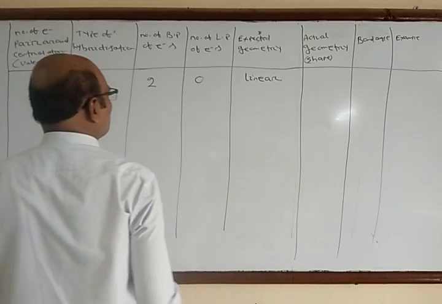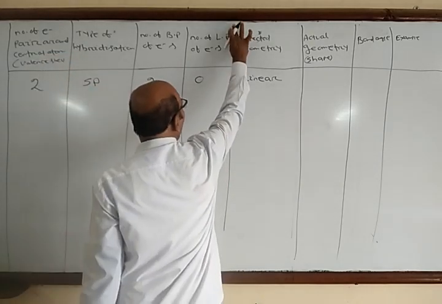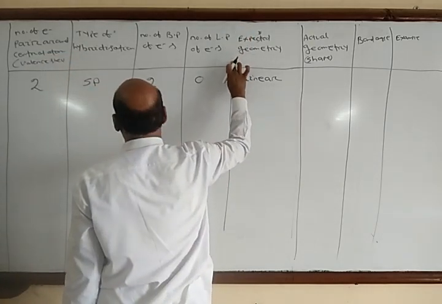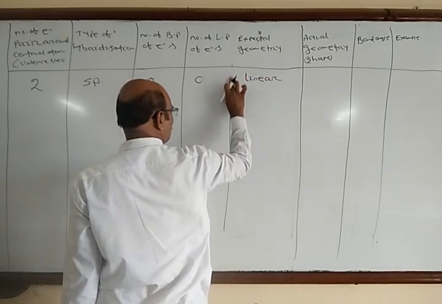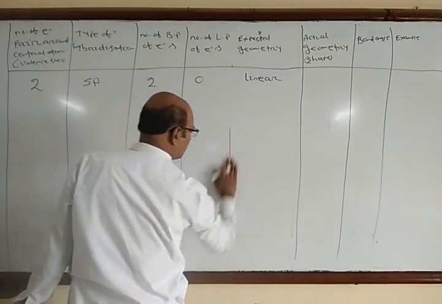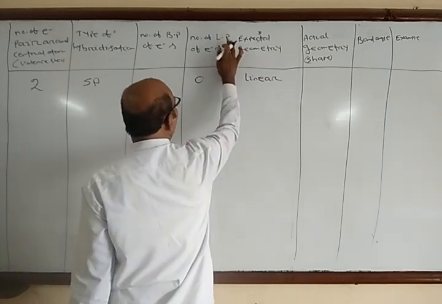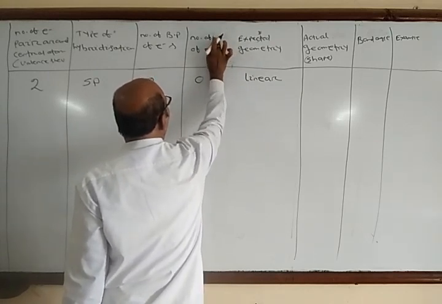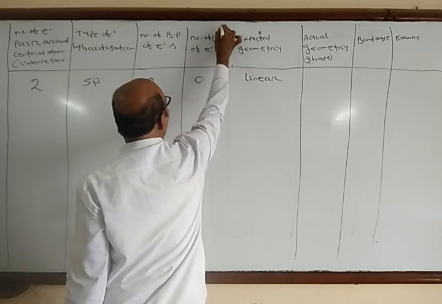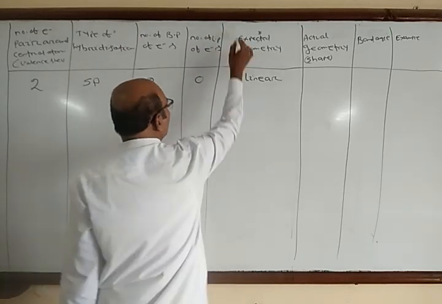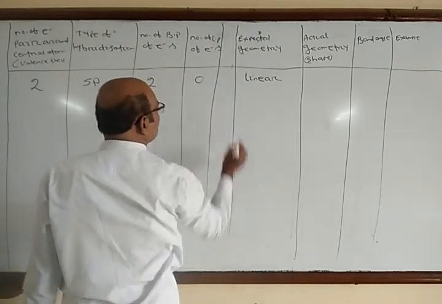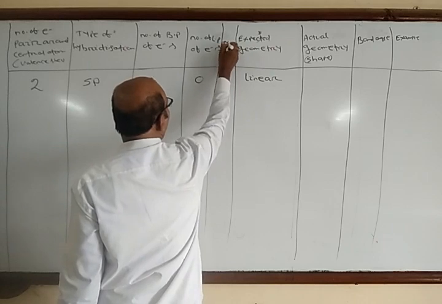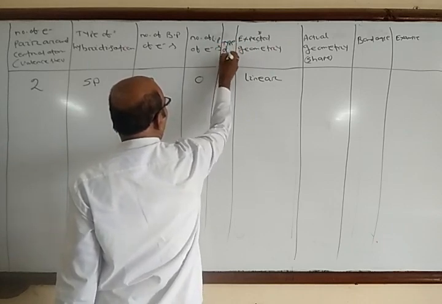We can also add another column here, number of LP. Okay. Then after that, here the type of molecule.